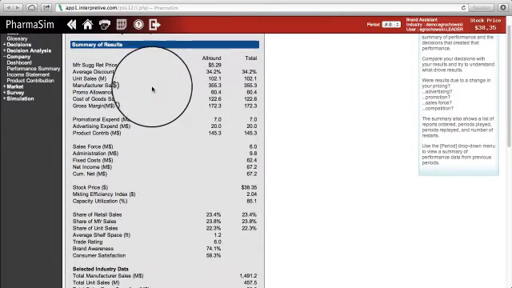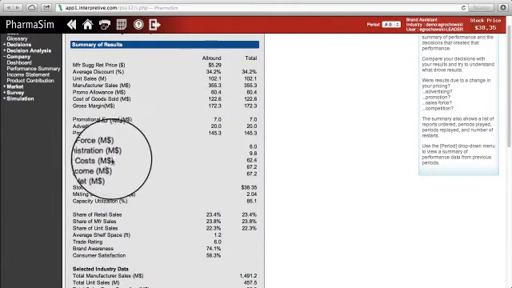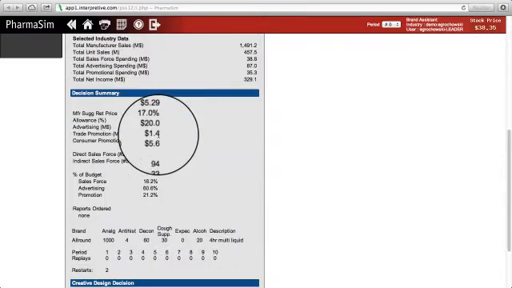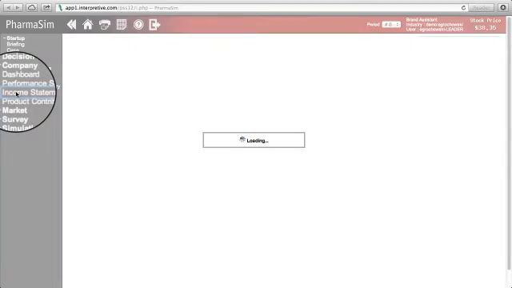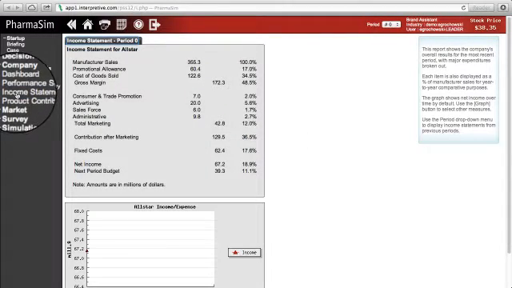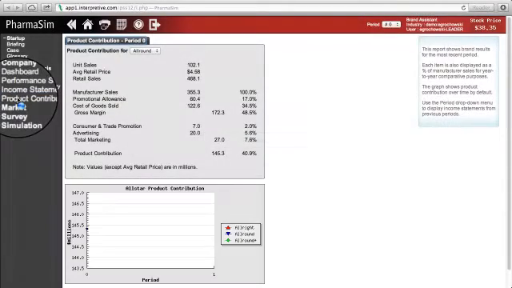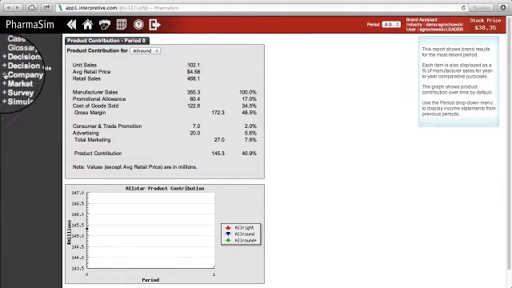Performance summary gives you some basic pieces of information, how much you're spending. You have access to income statement and to product contribution.